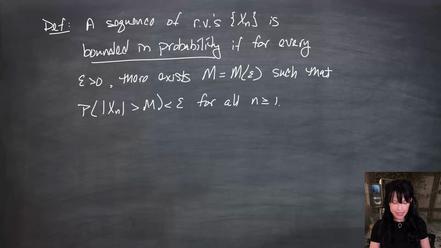So you can see this is saying that the sequence values don't get above m with very high probability. In fact, you can get that arbitrarily small because this needs to hold for all epsilon.